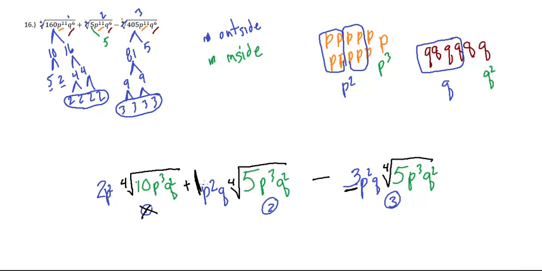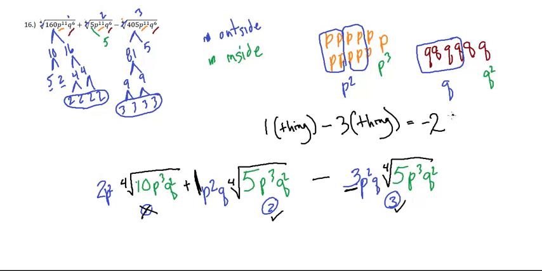Well, I take one of these things, right? Who cares what they are? One of these things, and I subtract 3 of those things from there. These things are big, right? If I take one thing and I subtract 3 of that same thing from it, well, what I end up with is -2 thing. Alright, cool.